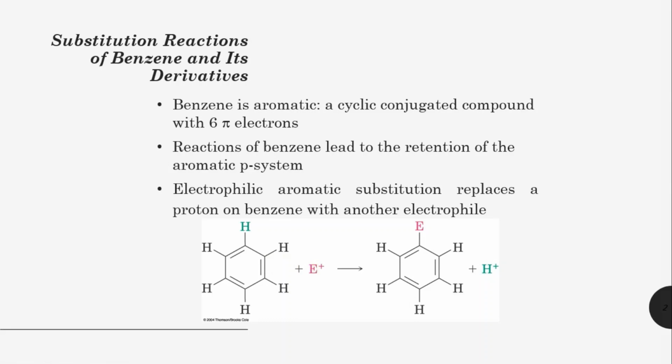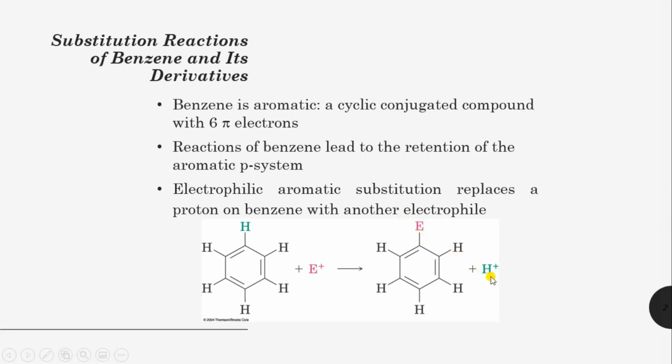The nucleophile's electron density moves towards the electron-deficient center of the electrophile. Here the substitution takes place, where one or more of the hydrogens of the benzene ring is replaced with the incoming electrophile, resulting in substituted aromatic compounds, or substituted benzene compounds.